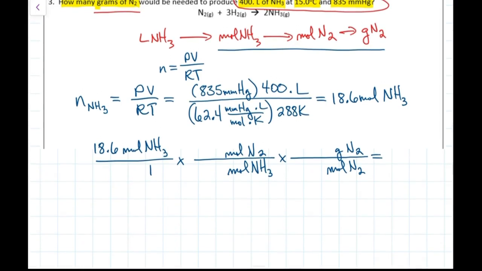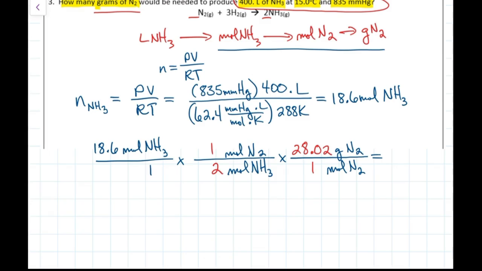Okay, so there's my setup. My moles of N2 and moles of NH3 would be my first little step, my mole-to-mole conversion. And from the balanced equation, there is 1 mole of N2 for every 2 moles of NH3. And then going to the periodic table, 1 mole of N2 is equal to 28.02 grams.